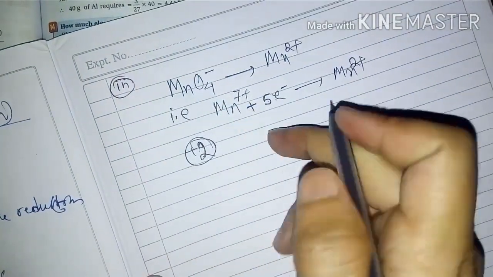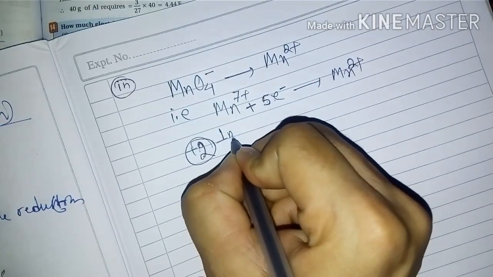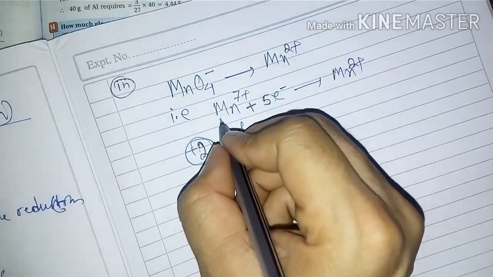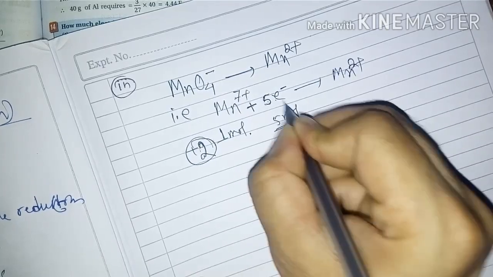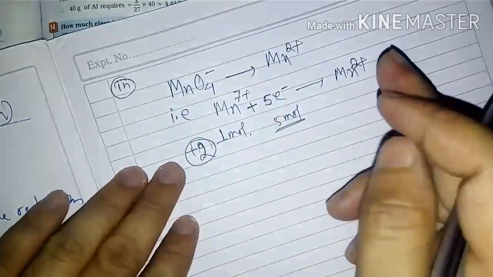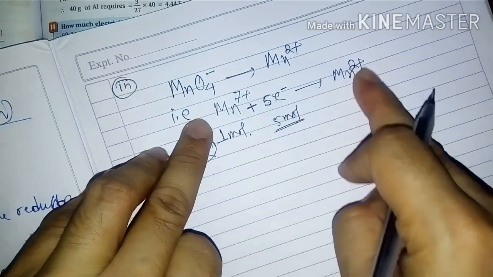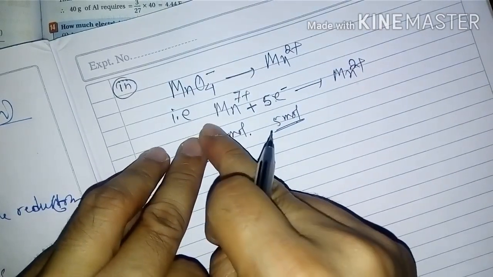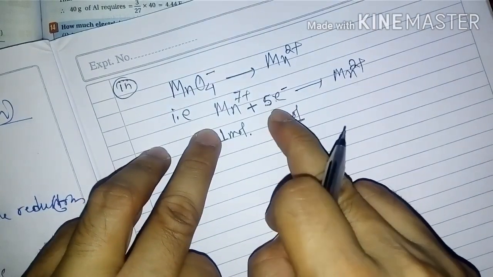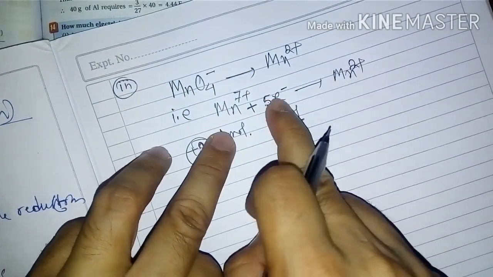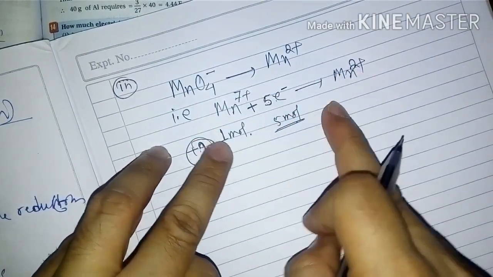So here this is 1 mole of Mn7 plus, and here 5 moles of electrons. That means how many electrons participate in this reduction reaction or electrode reaction? Here 5 electrons are participated. Understood?